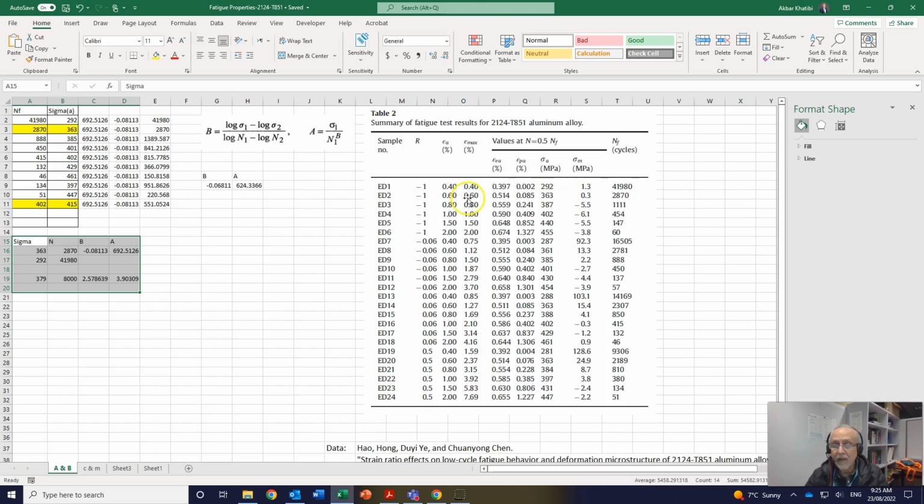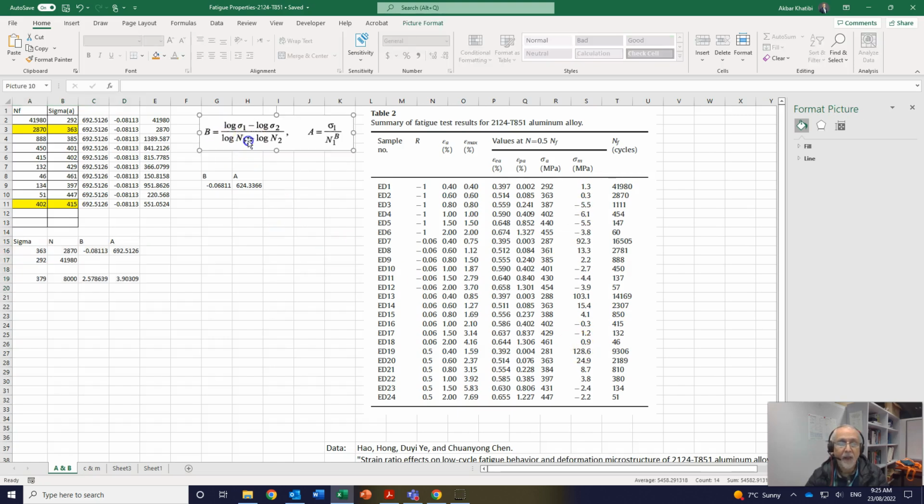But here we have got two numbers. The first one is this one, where sigma m is 0.3, close enough to 0, and then another one here, minus 0.3. So if I use these 2 points, I can calculate A and B from here.